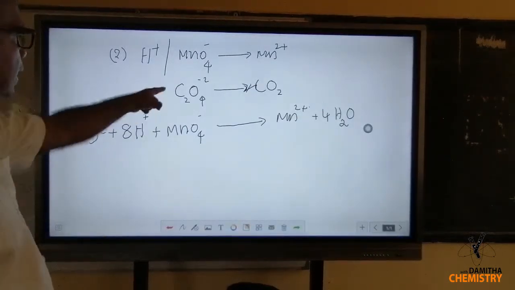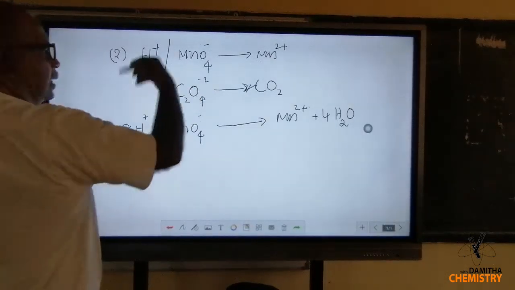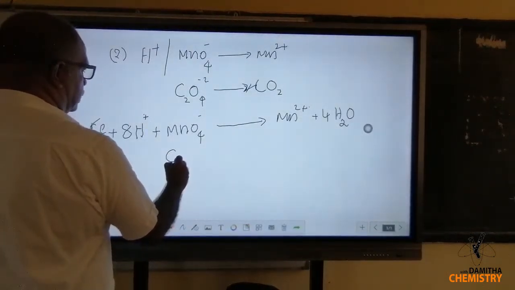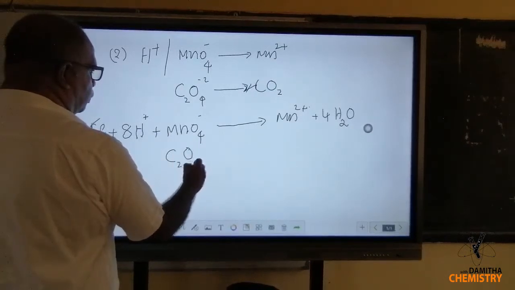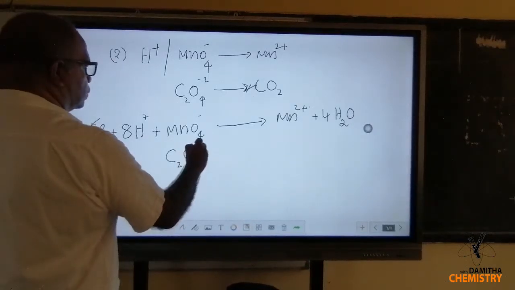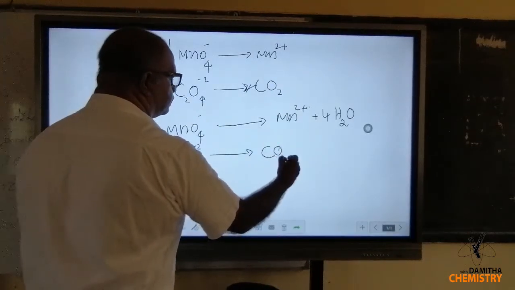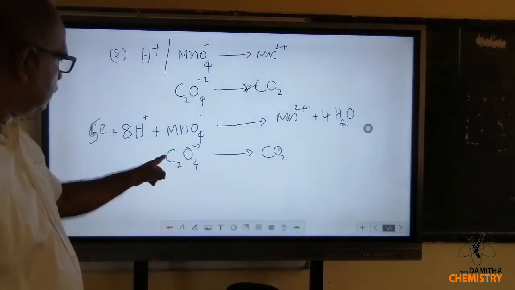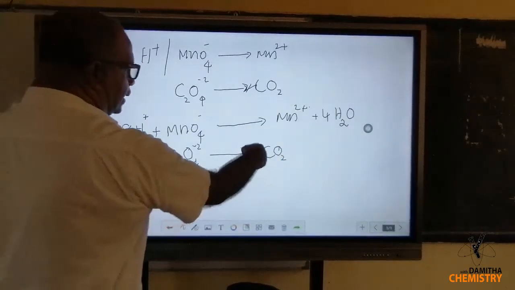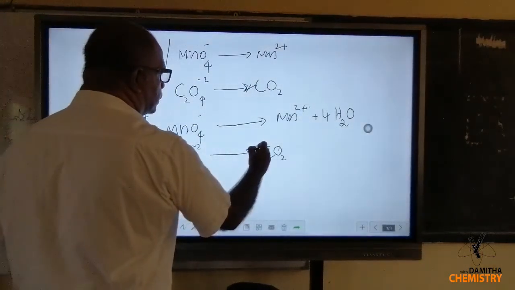Now, the second equation: oxalate ion gives carbon dioxide. C2O4 2- gives CO2. The left hand side has 2 carbon, but the right hand side has 1 carbon. The carbon is unbalanced, so add 2.